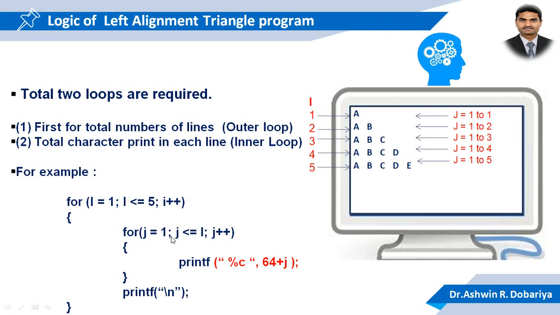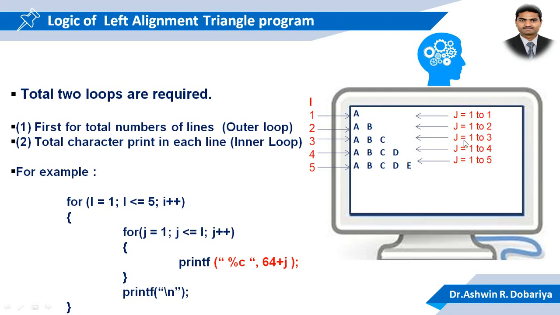Now the very important thing is how we can display the characters, because in the counter variable we can get only the values 1, 2, 3, 4, 5, and the ASCII values of A, B, C, D start from 65, 66, 67. So what logic can you use? We know that in the first line j goes from 1 to 1. In the second line j has the values 1 and 2.